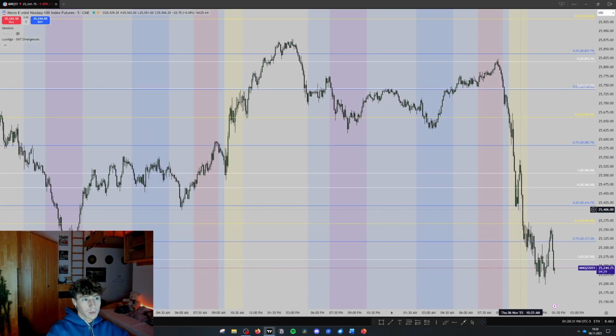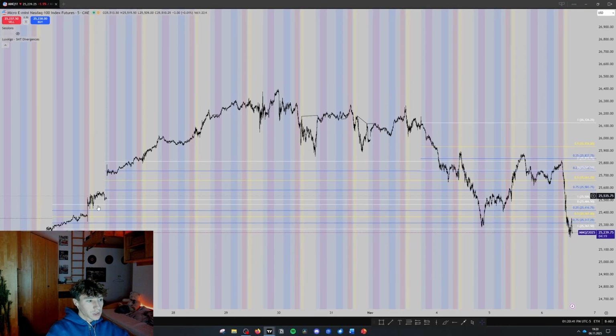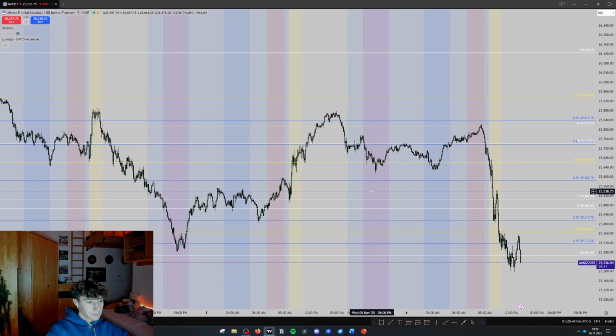So basically what we expect to see is that we just expand to the downside, and we want to trade in line with the direction of the new opening range gaps, which did not get delivered so far. So we want to see NQ trade back to them.